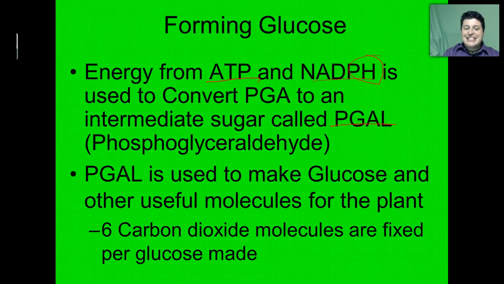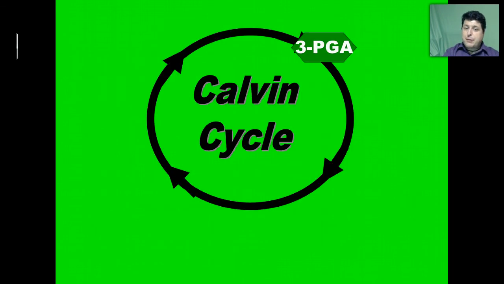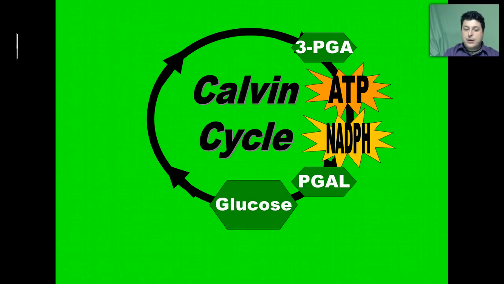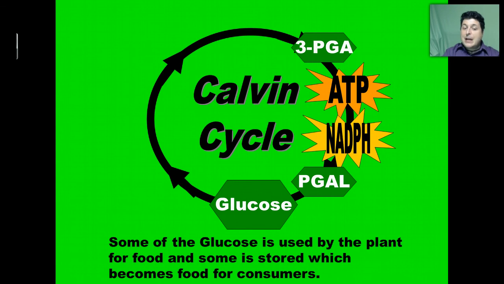It will take 6 carbon dioxide molecules brought in to produce one glucose molecule. Some of this glucose is going to be used by the plant itself for food, and some will be stored, and that could become food for consumers.